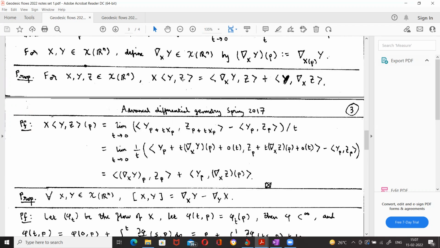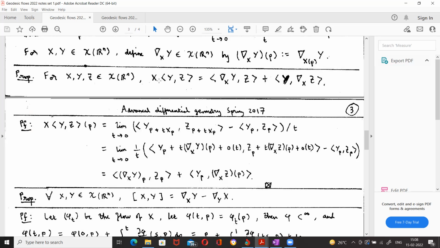And now X is a vector field, so it acts on smooth functions. So we can look at X applied to the function inner product <Y, Z>. This just means the derivative of <Y, Z> in the direction of the tangent vector X at any point p.